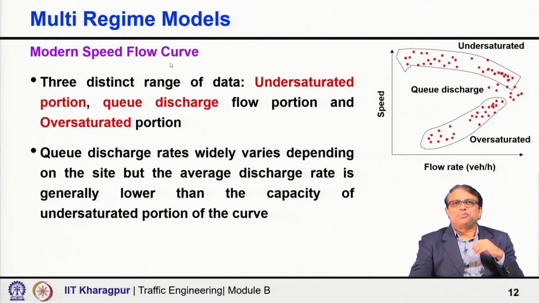So, how does the modern speed flow curve look? There are actually three distinct ranges of data. One is the undersaturated portion, you can see it here, almost flat and then some decrease, but not sharply coming down like this.